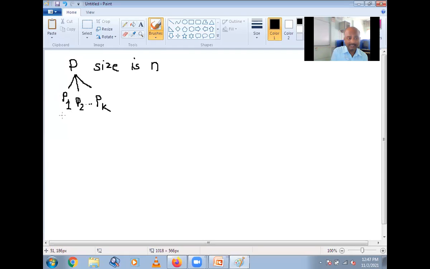The sizes of these subproblems are n1, n2 up to nk.